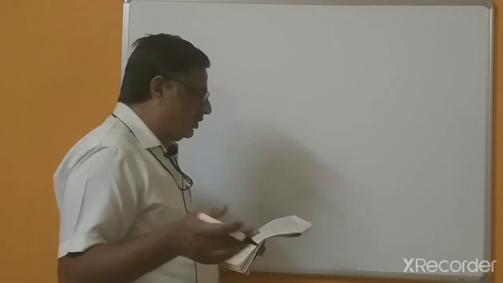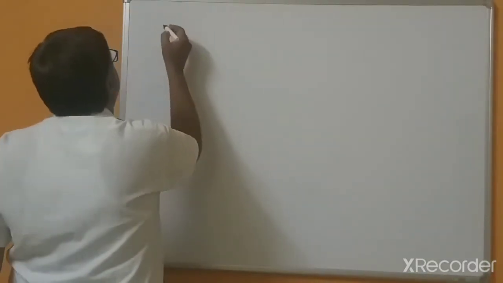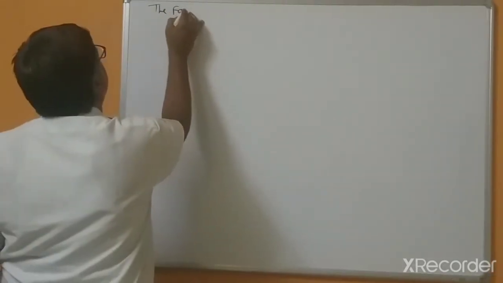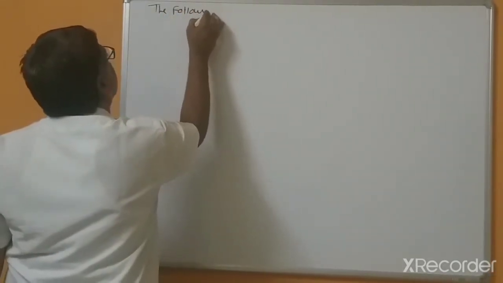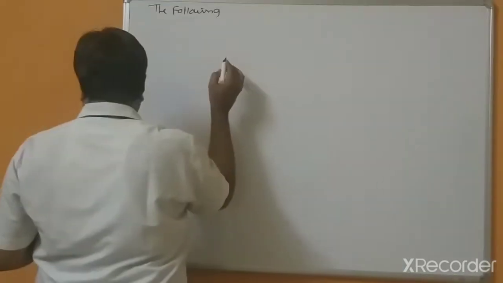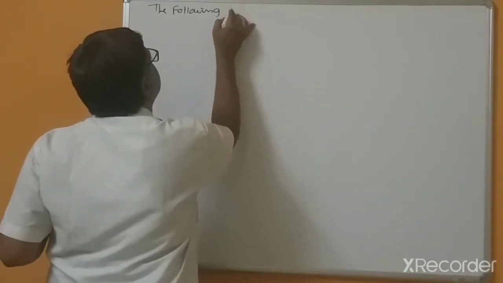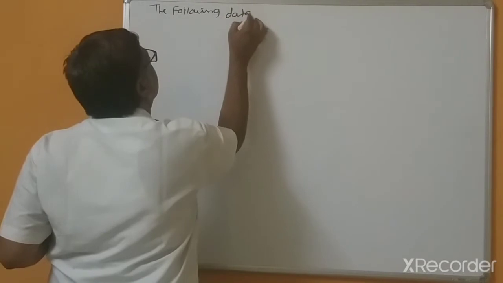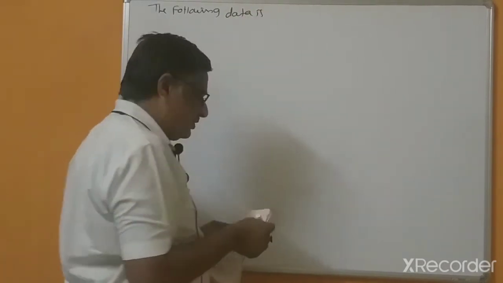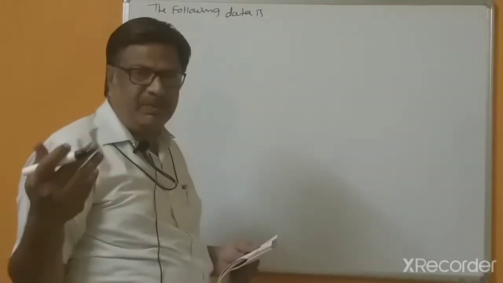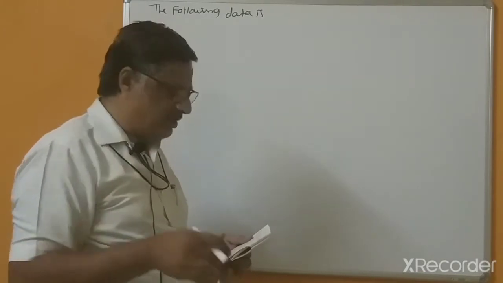So please note down today's first problem related to the V belt. This is also a simple problem. First note down the following data. In this problem an open V belt is given, but actually all V belts are open type.